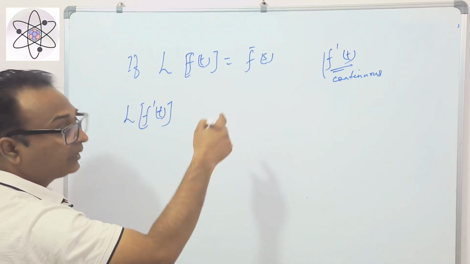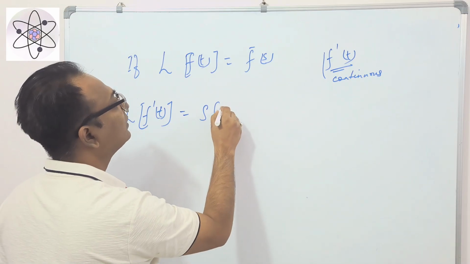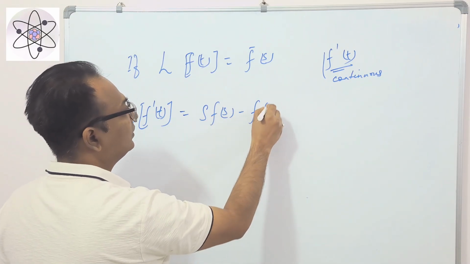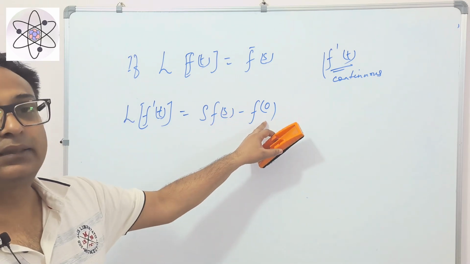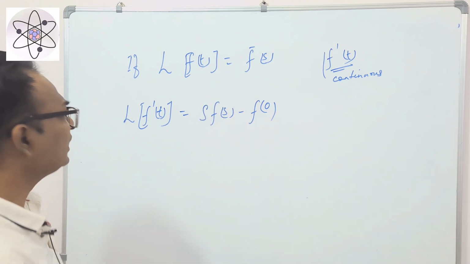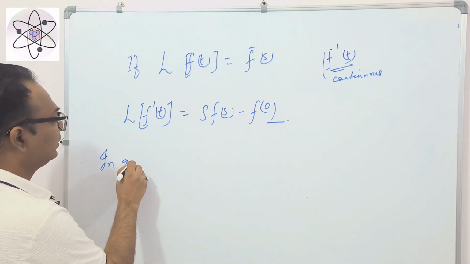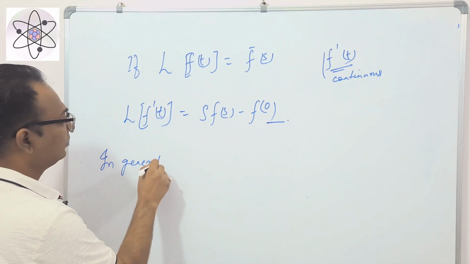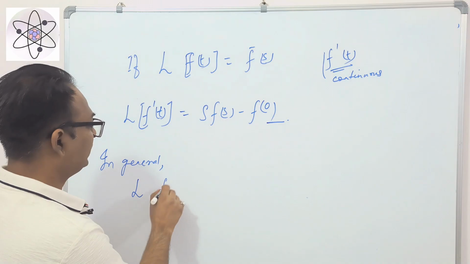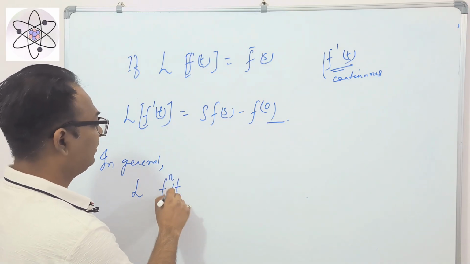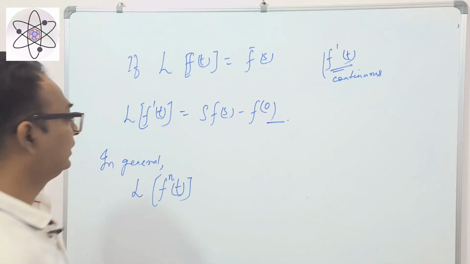that is df(t)/dt, is given by sF(s) minus the function at t equal to 0, the initial value. In general, if this is the Laplace transform, we have to find the Laplace transform of the nth derivative f^n(t).